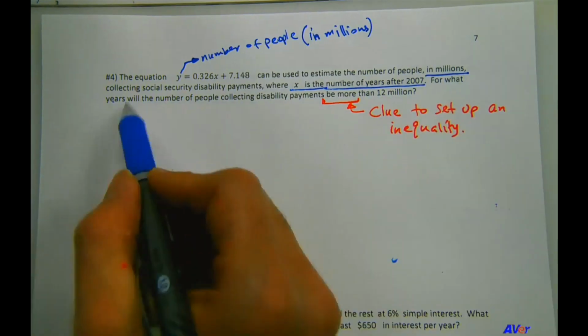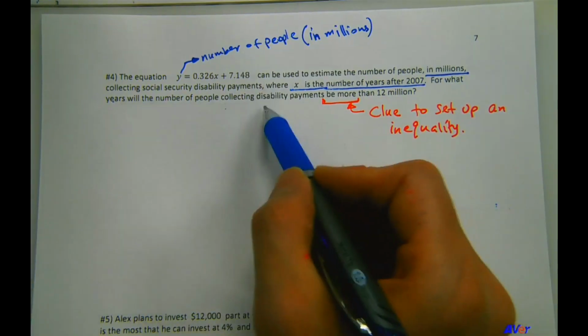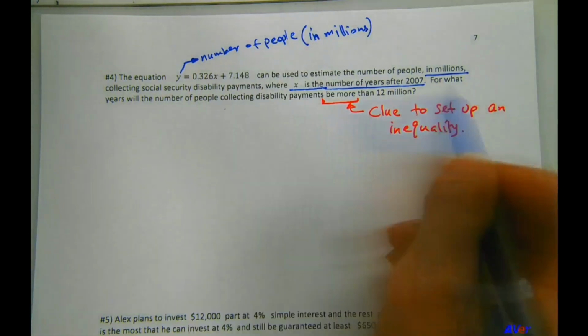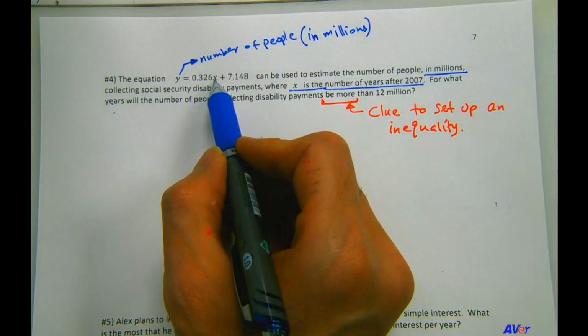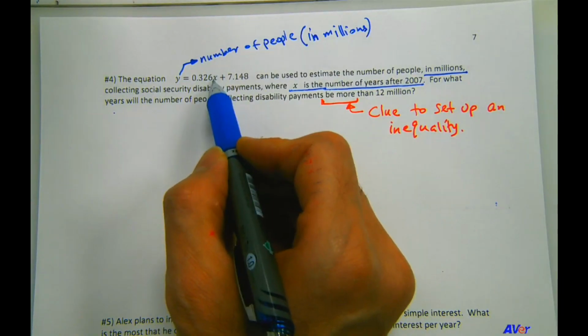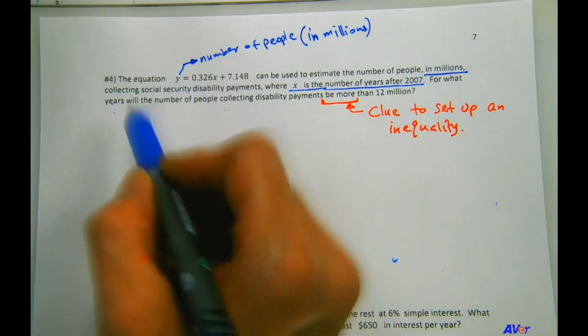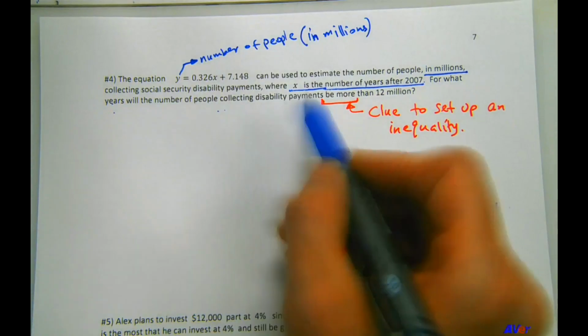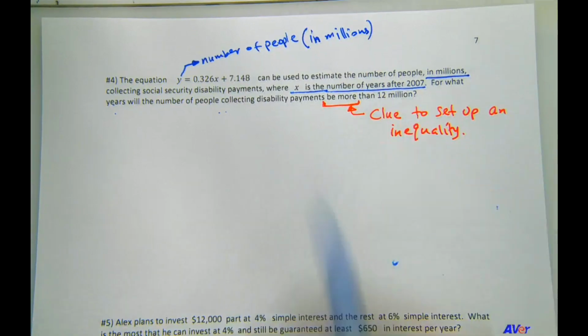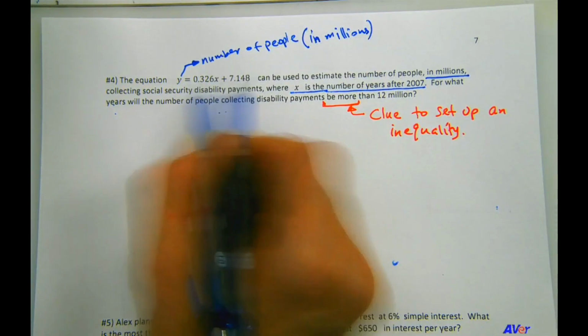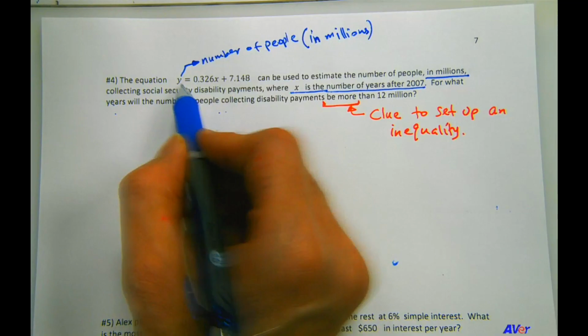For what years will the number of people collecting disability payments be more than 12 million? When they say for what years, that means they're asking about x in this equation, because x represents the number of years. That number represents the number of people, which is equal to y.